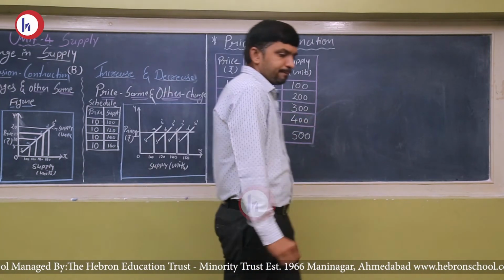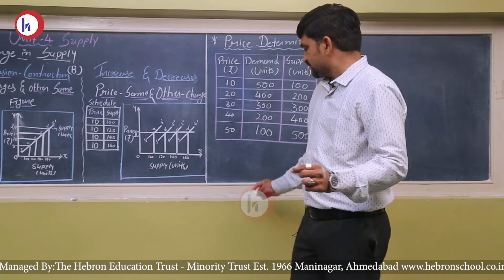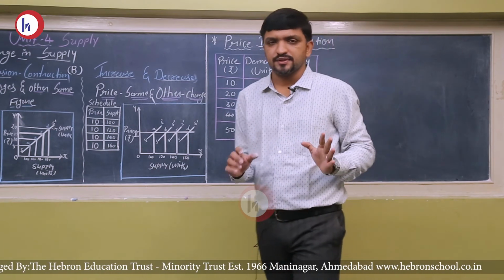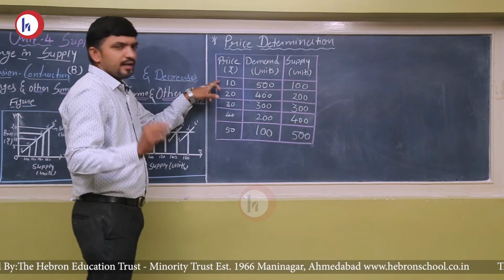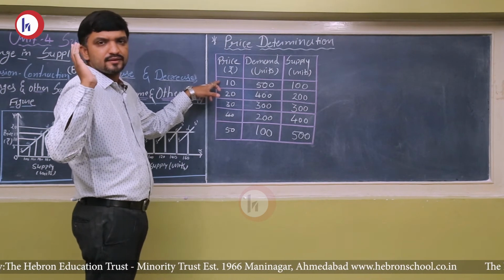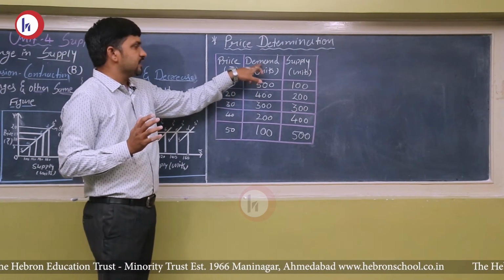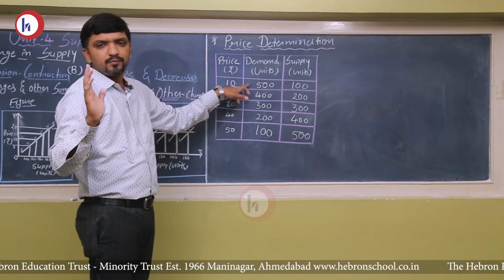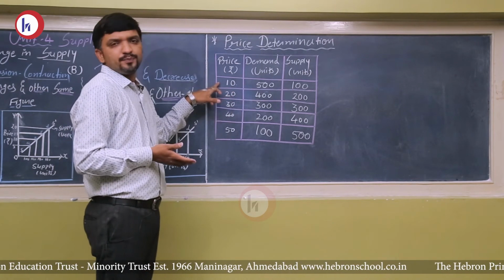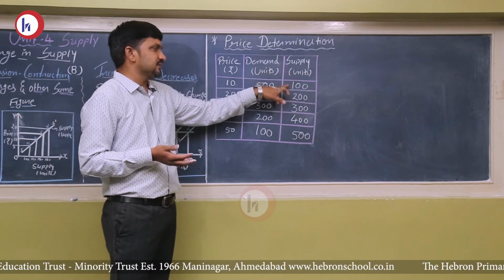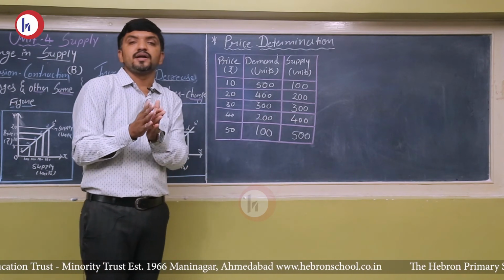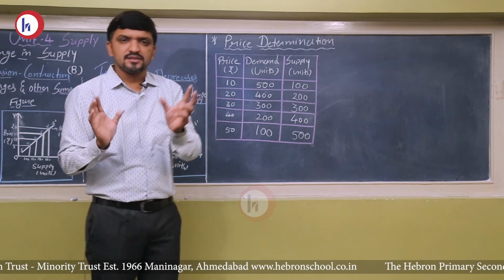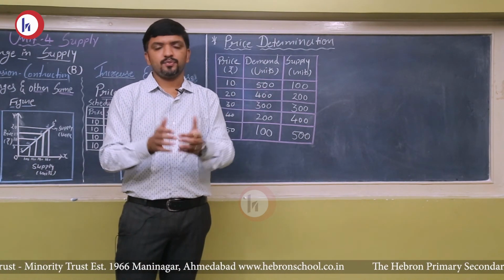Now actually, try to understand this from the viewpoint of a customer and a producer. At rupees 10, a customer is ready to purchase 500 units, but at a very low price, the supplier is ready to supply only 100 units. So see, demand is 500, supply is 100, does not match.